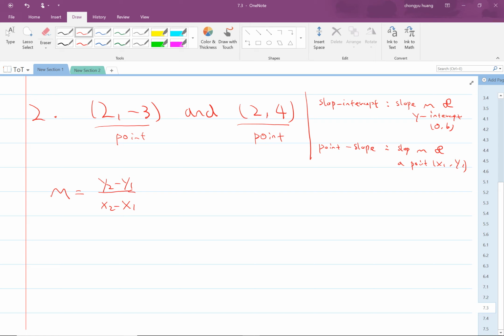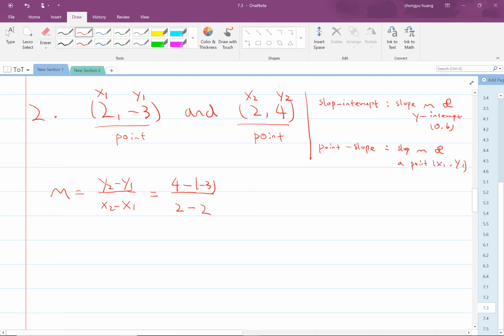That's basically the original way of finding the slope. So we have x1 and x2, and y1 and y2. Here y2 is 4 minus y1 which is -3, and then x2 is equal to 2 minus x1 which is also 2.